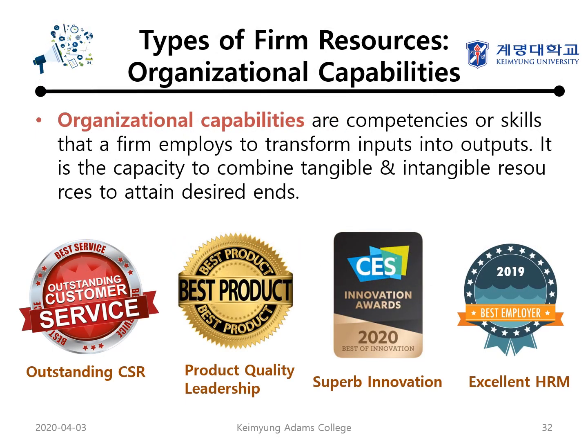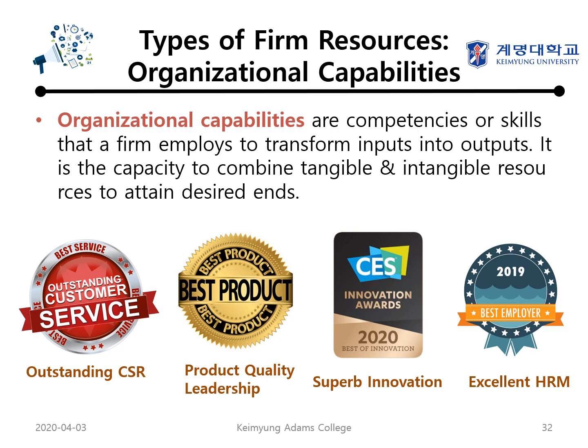Organizational capabilities are not specific to tangible or intangible assets. They are competencies or skills that the firm employs to transform inputs into outputs. For example, Gillette's capability to combine several technologies in its wet shaving products, and how Apple has combined and leveraged assets and technologies.